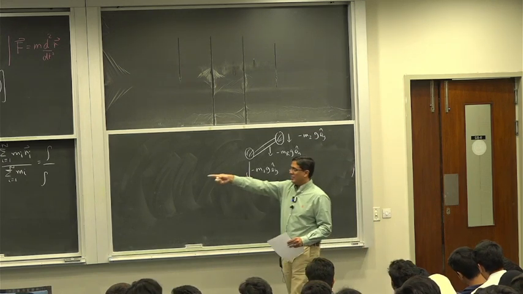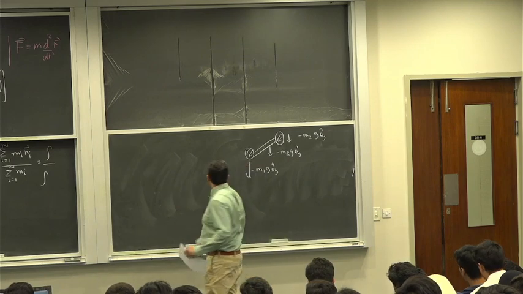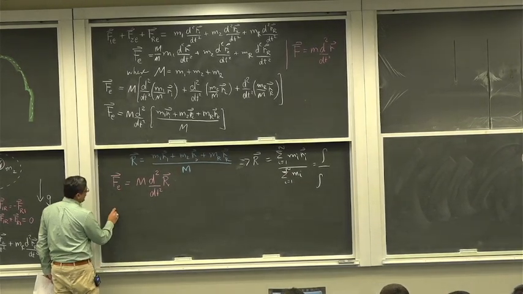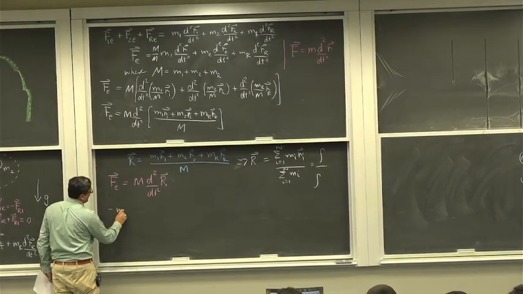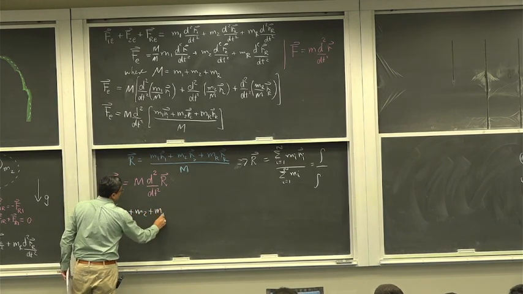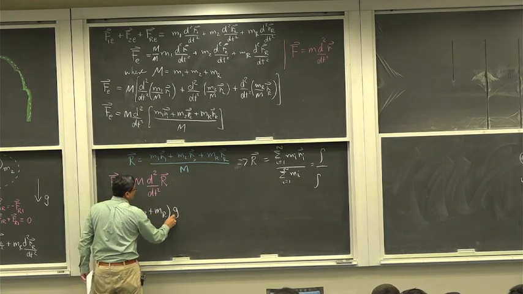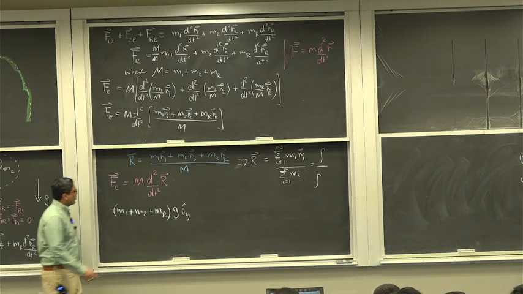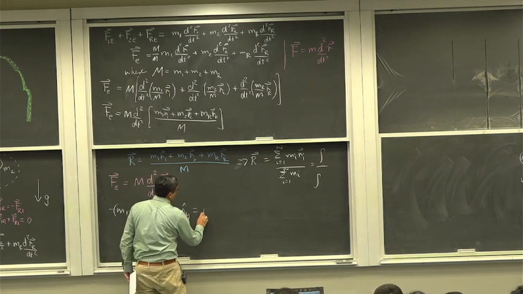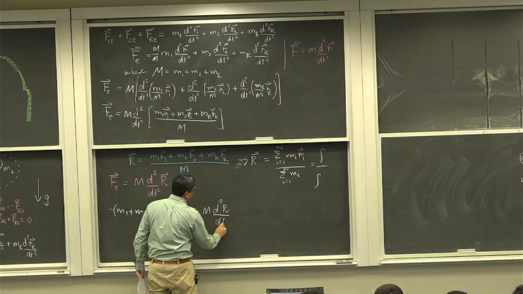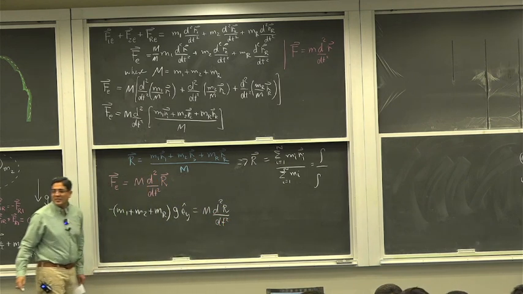Now let's plug these 3 forces in. On the left hand side, you get minus (m1 plus m2 plus mr) g Ey. All right, and on the right hand side you have M d squared R over dt squared.